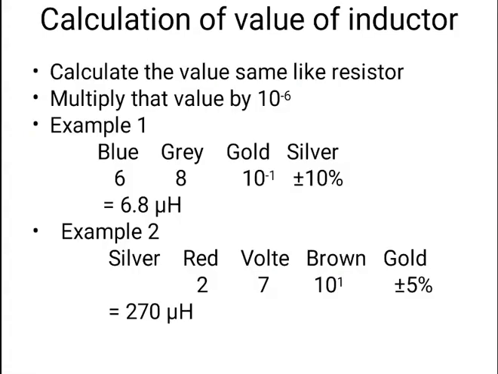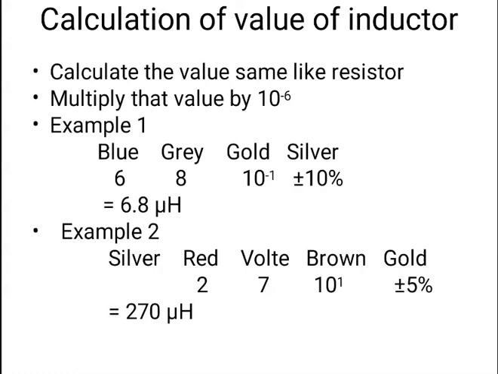Similarly, the next example: red, violet, brown, and gold. There's some mistake here, silver is a misprint. It's not gold in the third band, it's violet. So red, violet, brown, and gold.